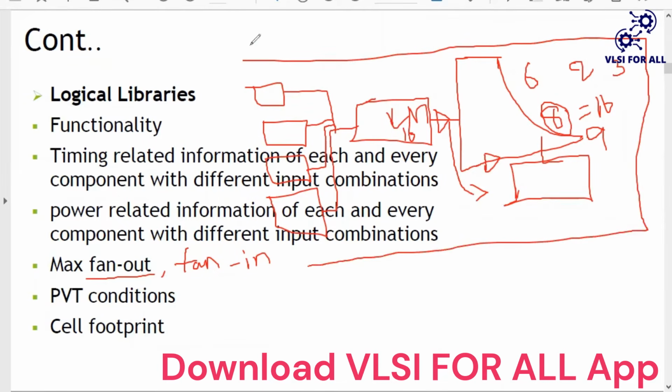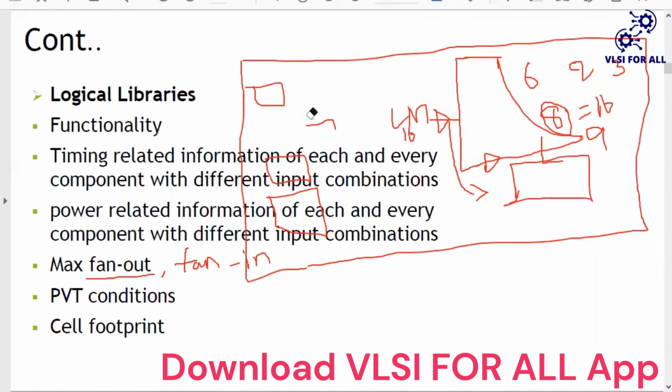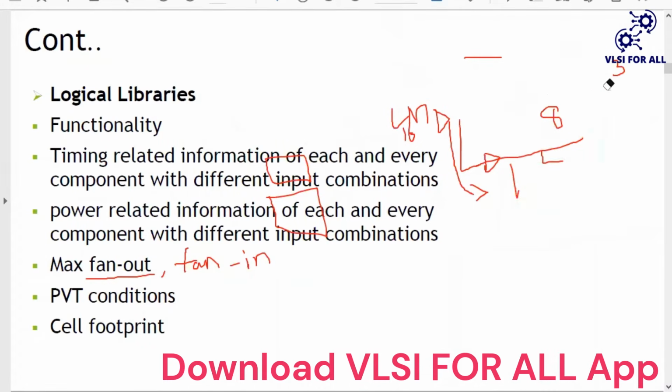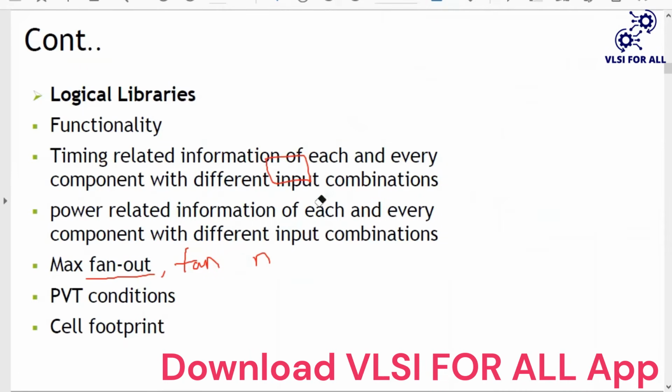Okay, next one is the PVT conditions, process voltage temperature conditions.